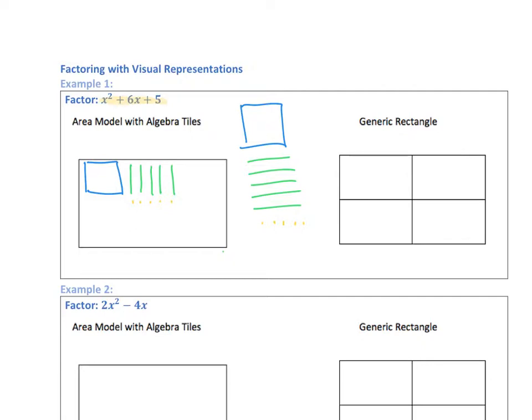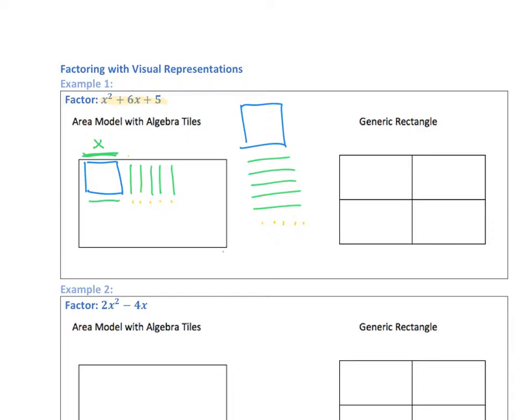Let's get it like this. So now you've got to ask yourself the question, what did I multiply? What is the length and width of this rectangle based on the algebra tiles we've been working with the last day? Up here, this is x, because that's the length of that.